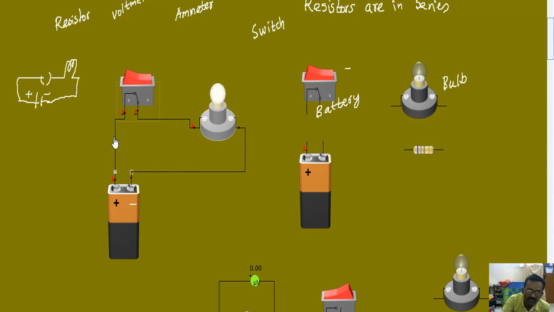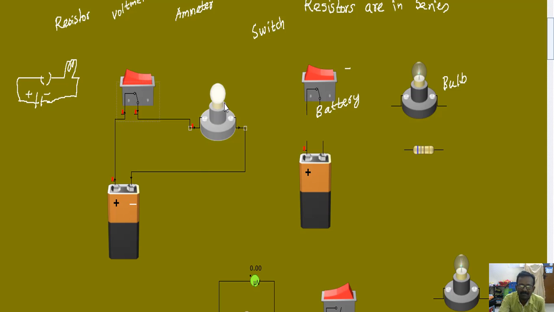So current will flow through this switch and then through this bulb and reach the negative terminal. Now I switch off. See, the circuit is broken, so no current will flow. Current will go to this point and it will not flow through the circuit. So I think you would have understood the purpose of the switch.